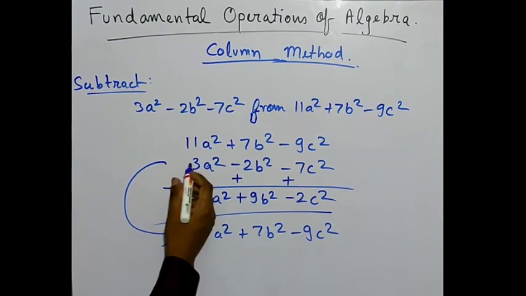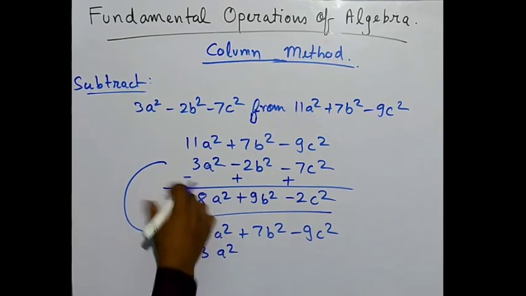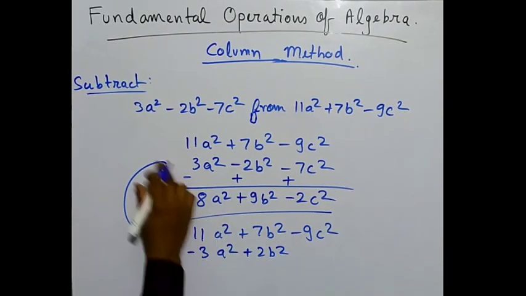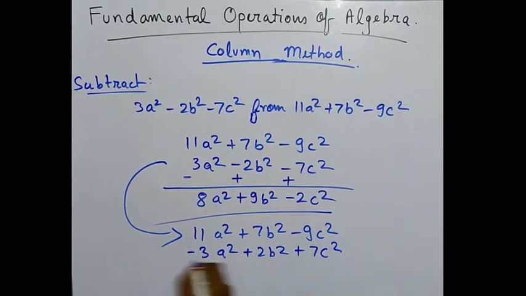So what will the negative of this expression be? Negative 3a square, then minus minus plus, so plus 2b square, then minus minus will give you plus, so plus 7c square. Now in this way also you can add and get the right answer. It means you are adding with the negatives of this expression.